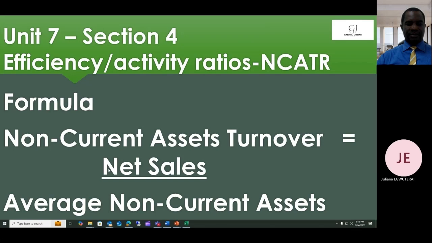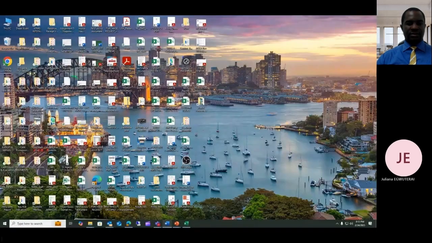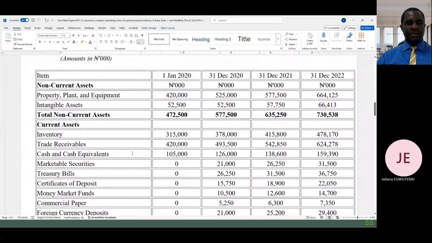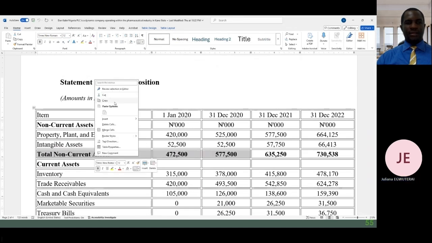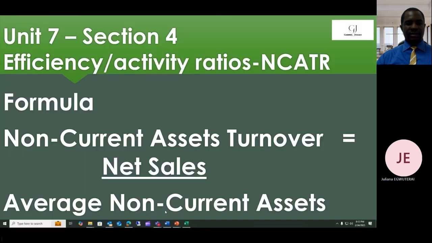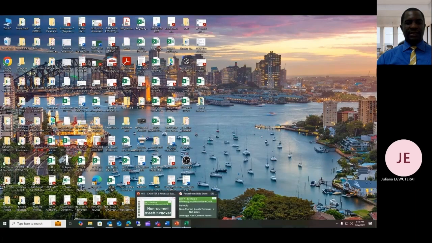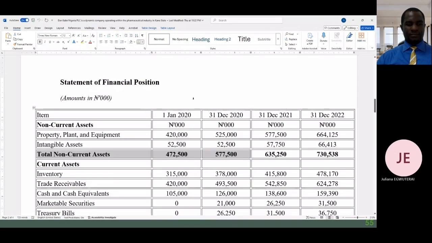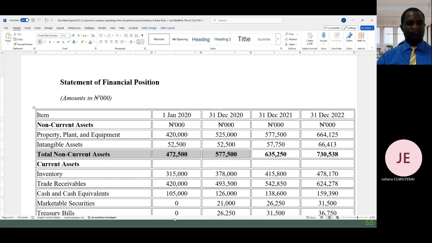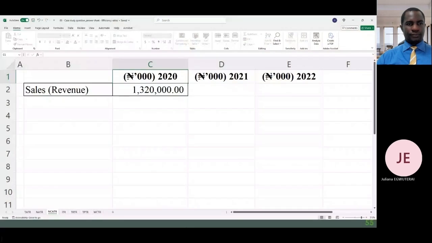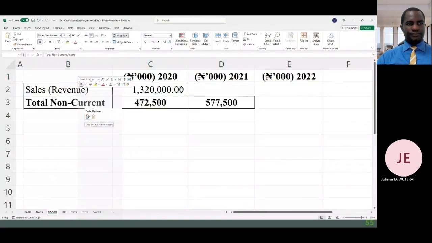Okay. So I have taken my sales or my revenue, and let me go and pick my non-current asset. So my total non-current asset for the beginning is. I mean, did somebody remove it from here? No. Nobody has the right to remove anything from there. It's only admin that can delete. Okay, so I'm still calculating.